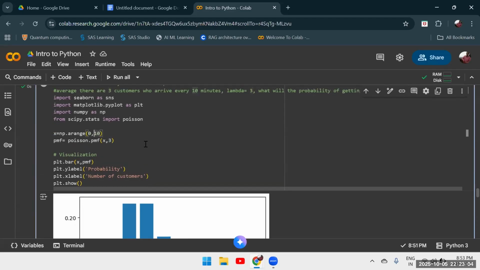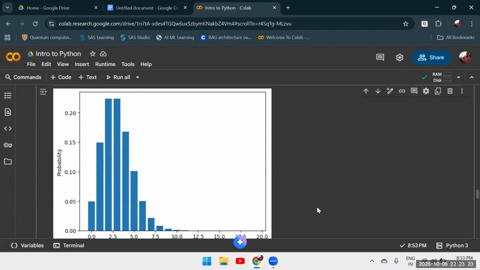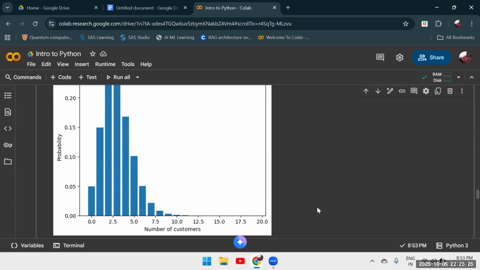If you are saying 20 minutes, let's estimate. If 3 customers are going to come every 20 minutes, what will be the probability of the number of customers who are going to come after 20 minutes? You see? Now the probability has come down.